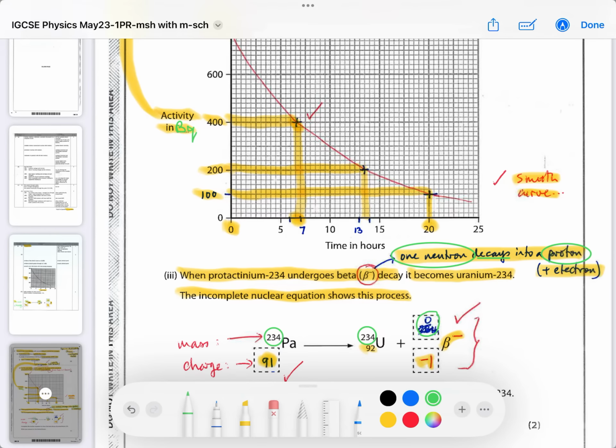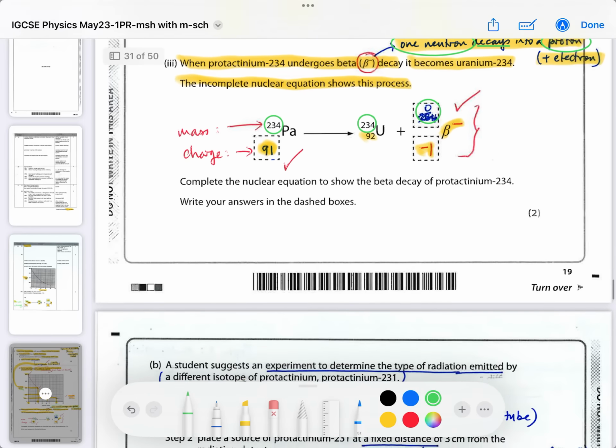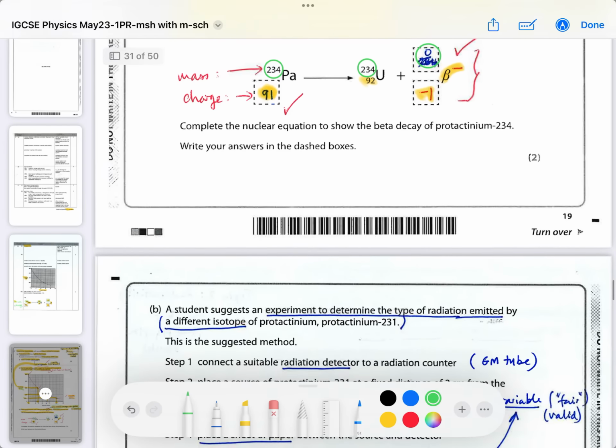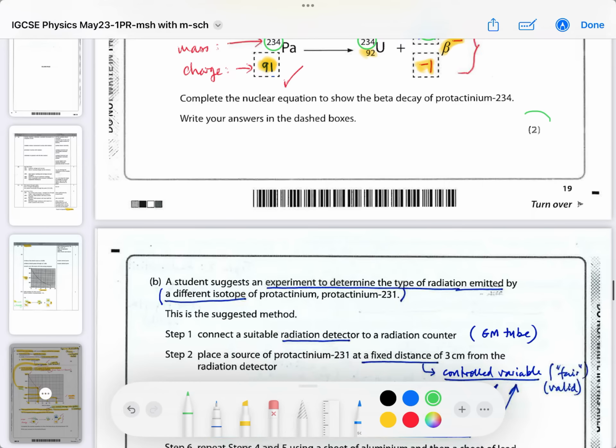Electrons will have 0 mass. I actually made a mistake here and just wrote 234 without thinking. Okay, so you get 1 mark for the top numbers balancing and 1 mark for the bottom numbers balancing. Okay, so I've done that, got the 2 marks here.